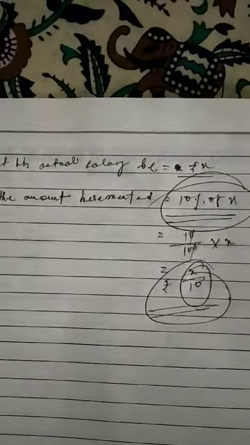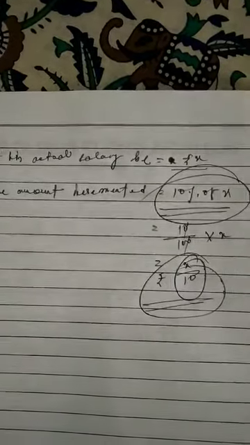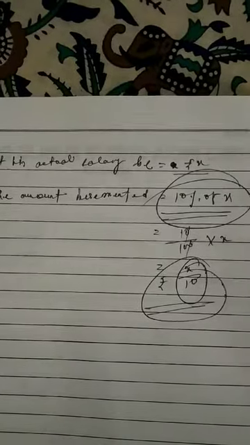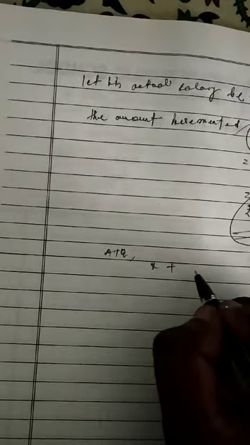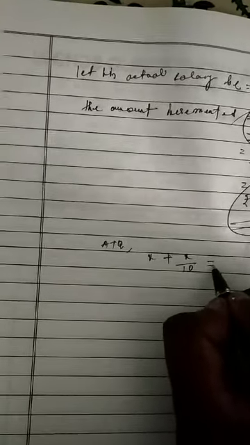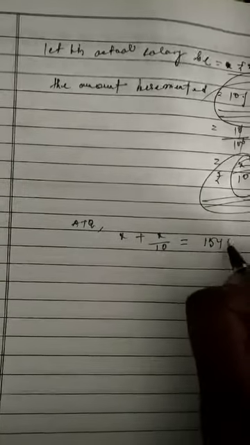So according to the question, X, his actual salary, plus the incremented amount X by 10, is equal to 1,54,000.